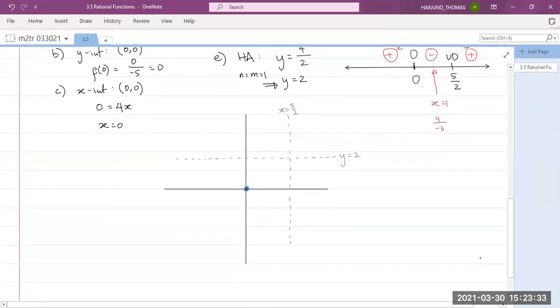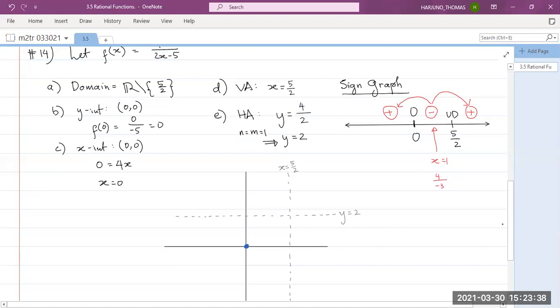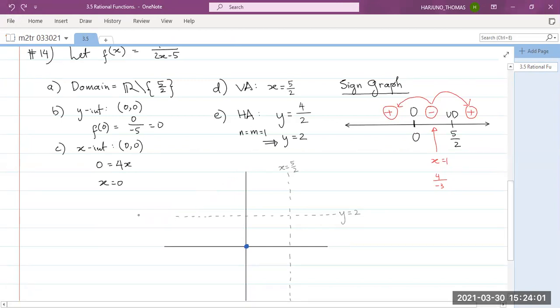And then we actually have pretty much nothing else, right? But we know we have a horizontal asymptote, which means the graph must come from the horizontal asymptote here. Okay, either it goes up or goes down. Let me start by saying this. We must start from the horizontal asymptote on the left-hand side.